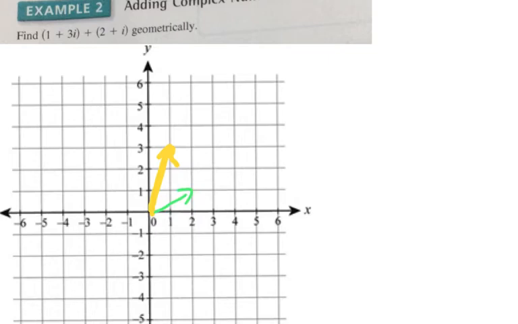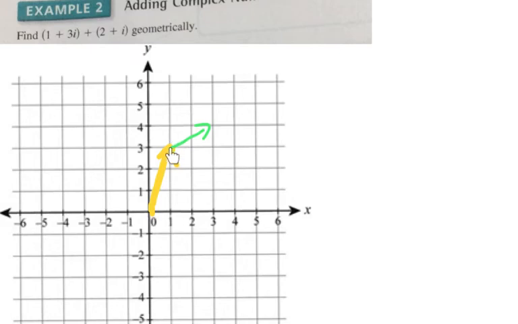So here's the vector 2 plus i. Real part's 2, imaginary part's 1. What I would do is I would take this vector and I would move it from here to put its initial point at the terminal point of the previous vector. So now I've added the two vectors. I put one stacked at the end of the other. How could I do that if I couldn't move it around?